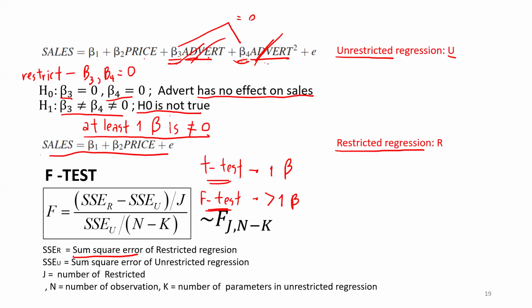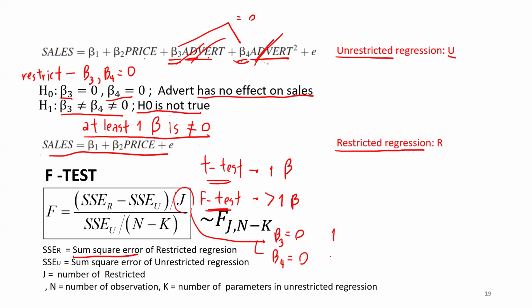So to perform the F-test, we use SSE_R minus SSE_U, over SSE_U, adjusted by J over N minus K. J is the number of restrictions. For example, we restrict beta 3 equals 0. We restrict beta 4 equals 0.